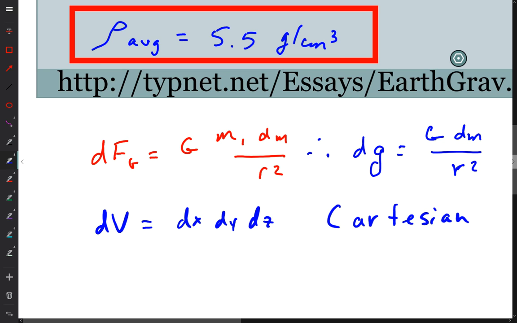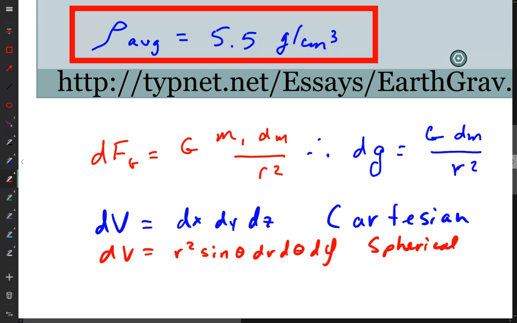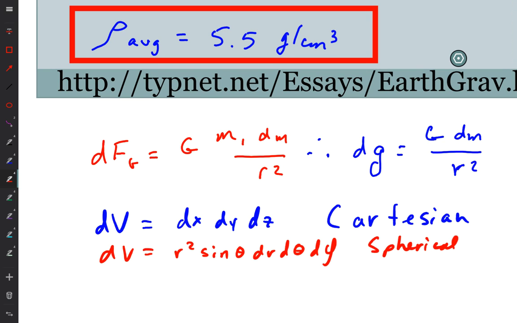Or we could have dV equals r squared sine theta dr d theta d phi if we're using spherical coordinates. Or we can go to something that's intermediary between those two.